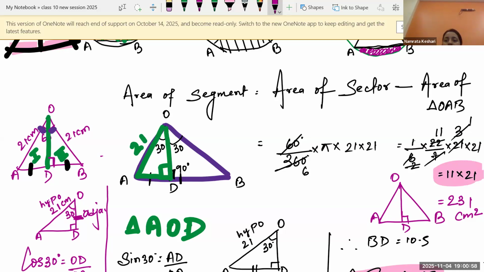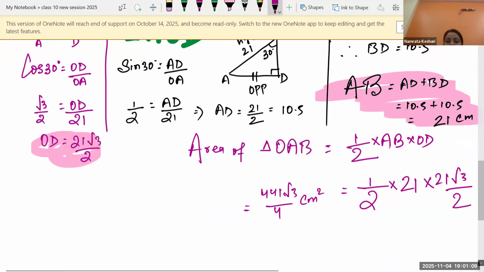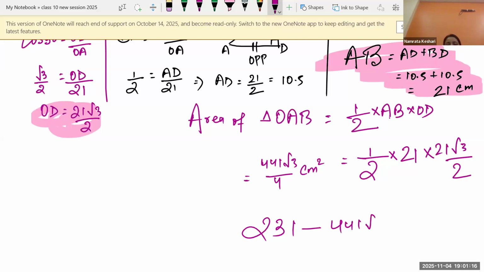Okay, so our triangle's area was, let me do the subtraction, 231 minus this one. Okay, I cannot see any. See, you can take the LCM or maybe you can leave your answer as it is, because even after taking the LCM, simplification is not possible.